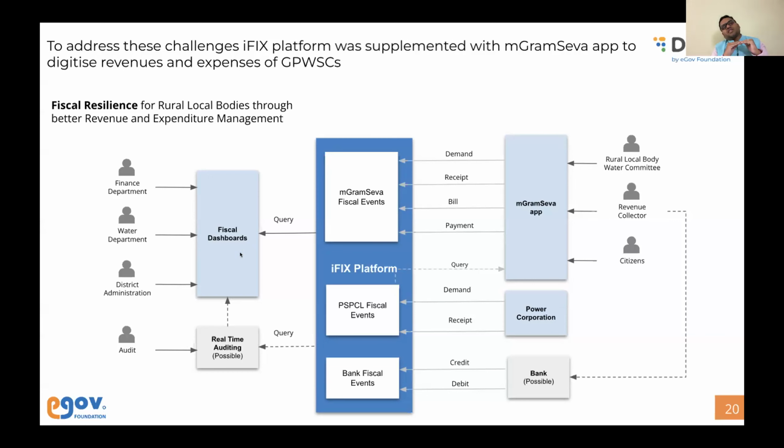These dashboards, in essence, are for the district and the water department administrators, who can then look at how fiscally resilient these villages are. Are they able to maintain themselves in the green? So mgram Seva actually helps them with the revenue mobilization angle, how timely generation of demand. So what used to be a door-to-door activity before is actually now a one-click on the application, right?